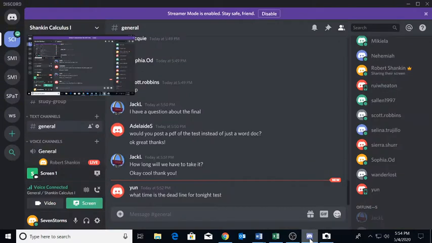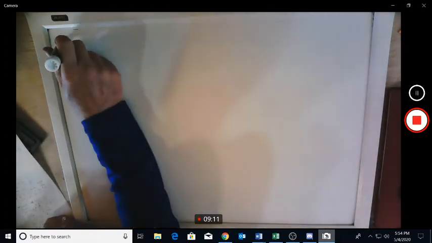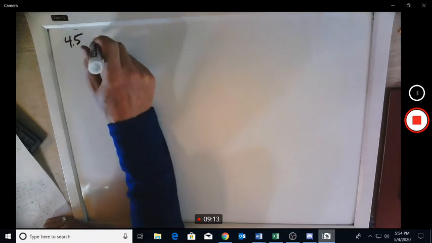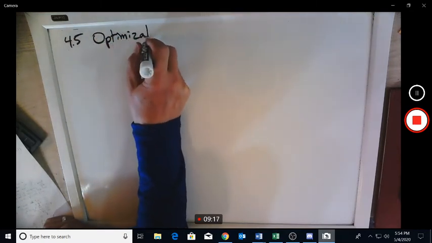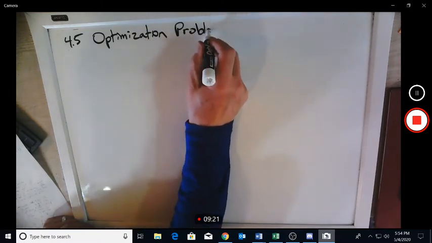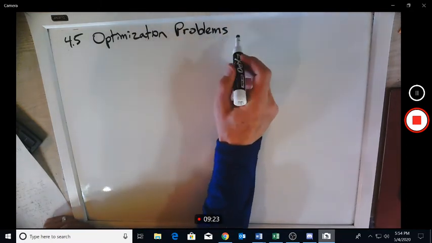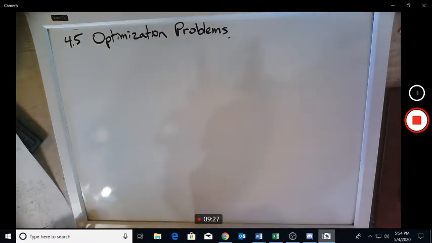All right. And let's go to 4.5, optimization problems. We're also going to do this section on Wednesday.